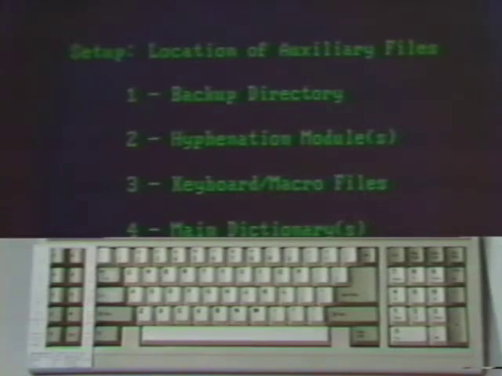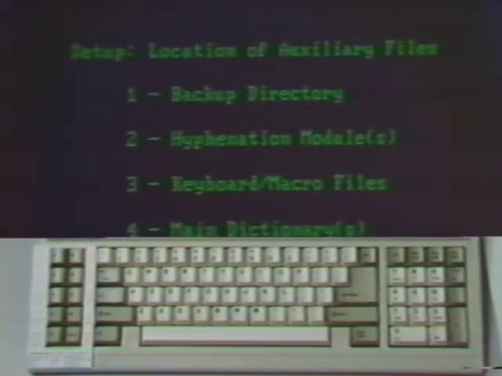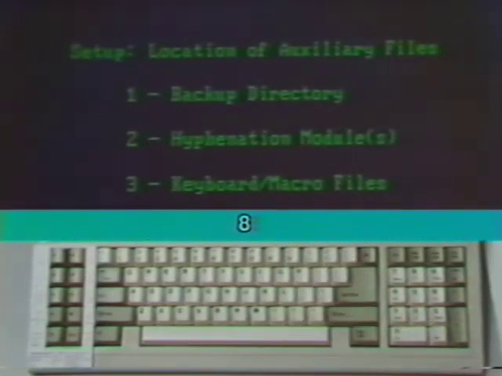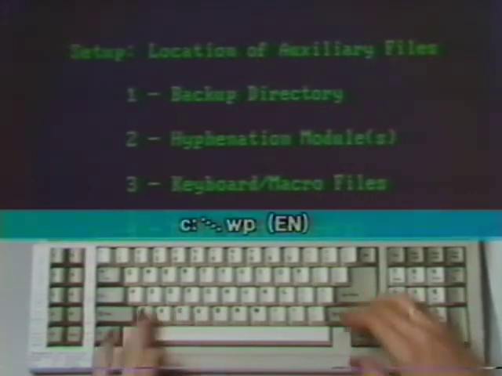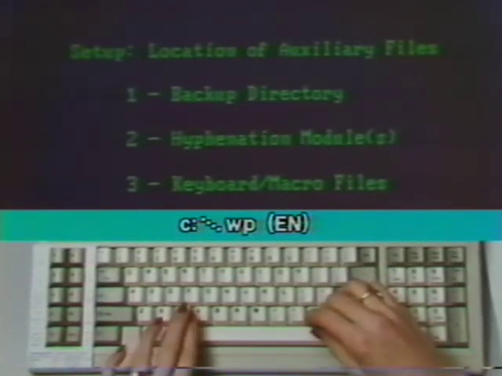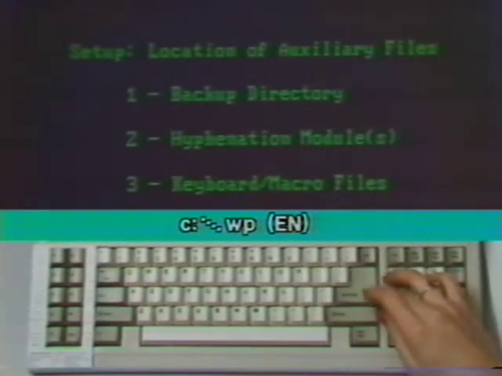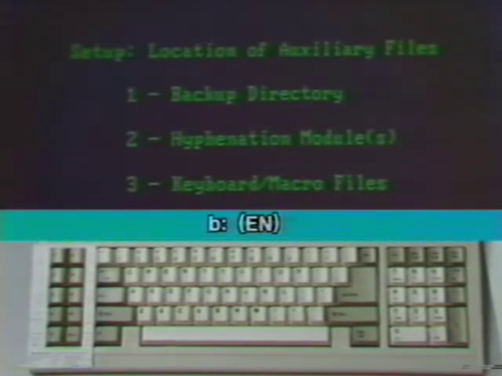For dual floppy disk systems, type the path name B: and press Enter. Now press 8 for the thesaurus location. For hard disk systems, use the same path name as before. For dual floppy disk systems, type the B drive path name again.